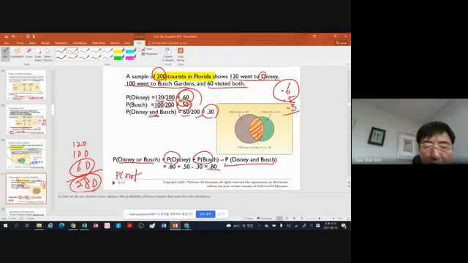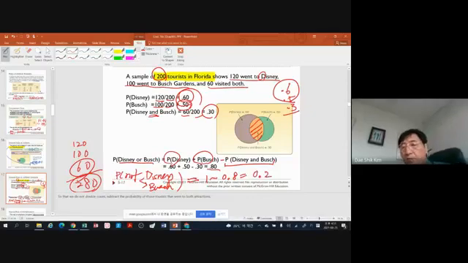They didn't visit Disneyland, and they didn't visit Busch Gardens. They never visited Disneyland or Busch. They visited something else. So how many people? 1 minus 0.8 is 0.2. 20% of tourists may visit some other places.